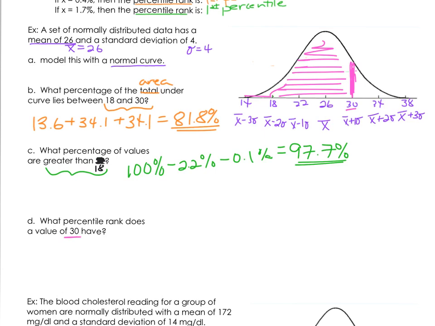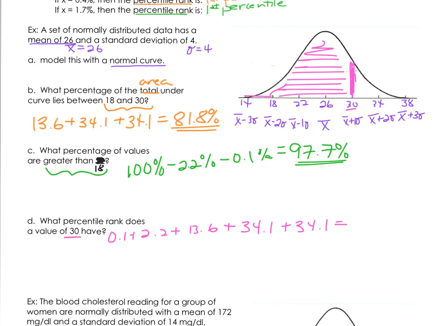So again, we could do one of two things. We can add up all the columns up to 30, or we can subtract from what's left over. If we count up to 30, what do we have? We have 0.1 plus 2.2 plus 13.6 plus 34.1, sorry, I looked at a different question, plus another 34.1.